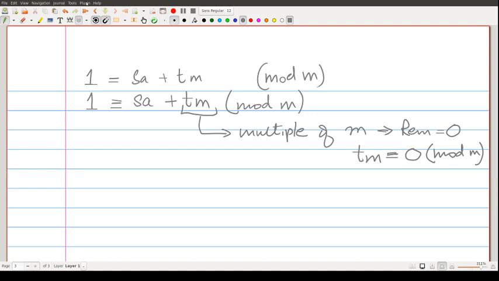Are you following this? So if you find the remainder from both sides, then this equation just becomes 1 congruent to SA mod M, because this is simply 0 mod M, and you add anything to a 0 remainder, it's just going to give you SA.